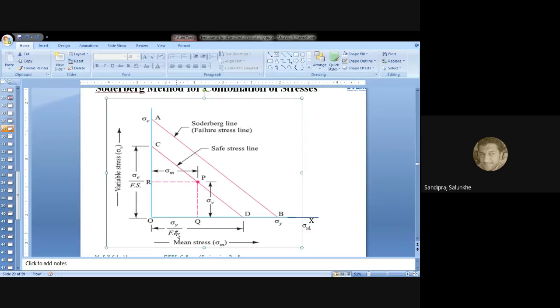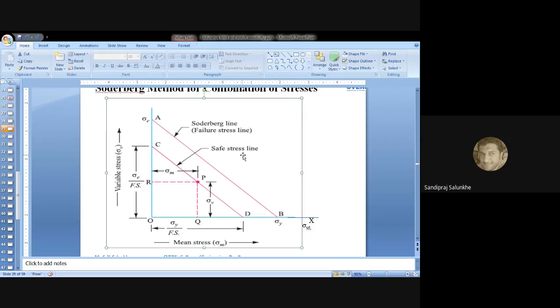If you know the value at point D, then you can calculate the factor of safety, and vice versa. Based on similar triangles, as we did for the Goodman diagram, the same type of calculations can be done for the Soderberg diagram also.